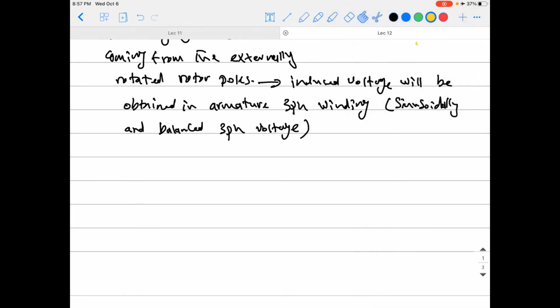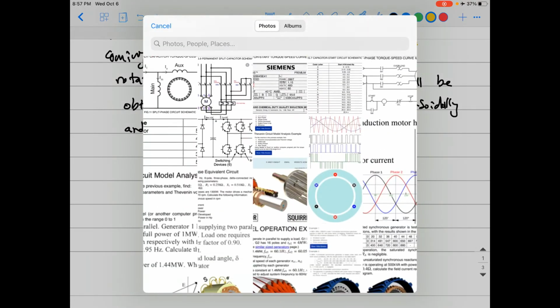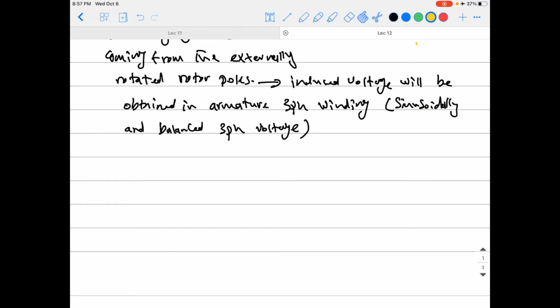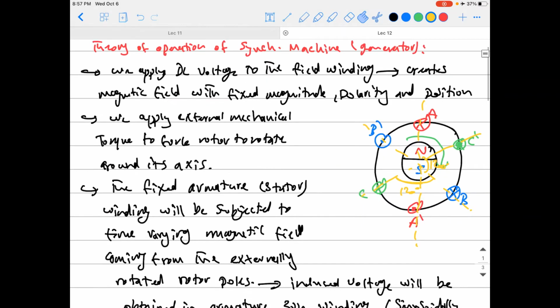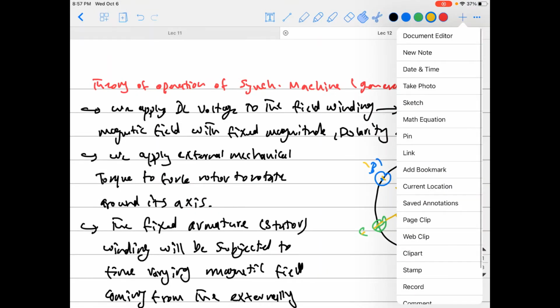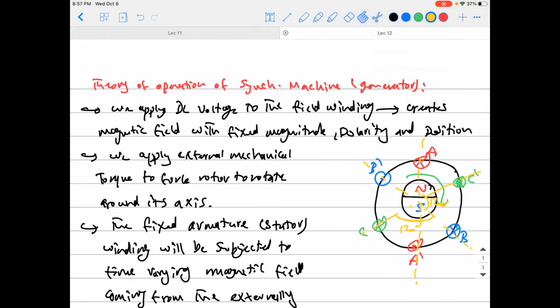Let me just grab the photo again for the three-phase voltage we are having here. Sorry, so we are just grabbing the photo.